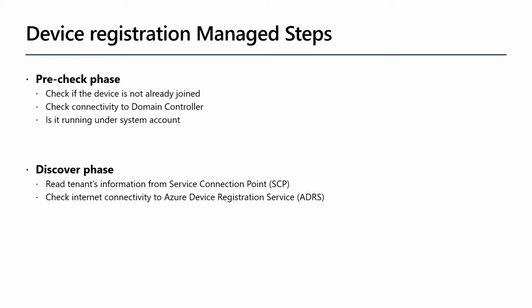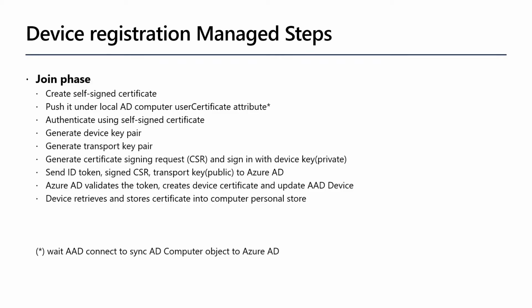Then it verifies the internet connectivity to Azure device registration services. If this succeeds, then device registration goes through the join phase, where it creates a self-signed certificate and pushes it under the local Active Directory computer object, under the user certificate attribute. And in this stage, we need to wait for AD Connect to sync the local Active Directory computer object to Azure Active Directory.